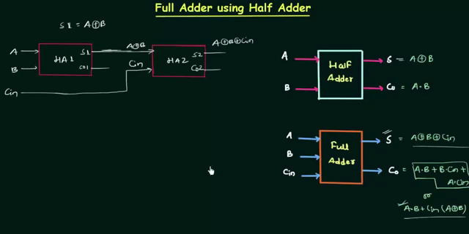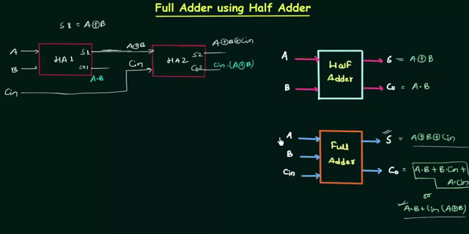So we have obtained the sum, and now we will move to the carry output for the full adder. Carry output is A and B. CO1, the output carry of the first half adder, is A and B, and the carry output of the second half adder is Cin and A XOR B, because A XOR B is the first input and Cin is the second input, and we have to add both the inputs to obtain the carry output.